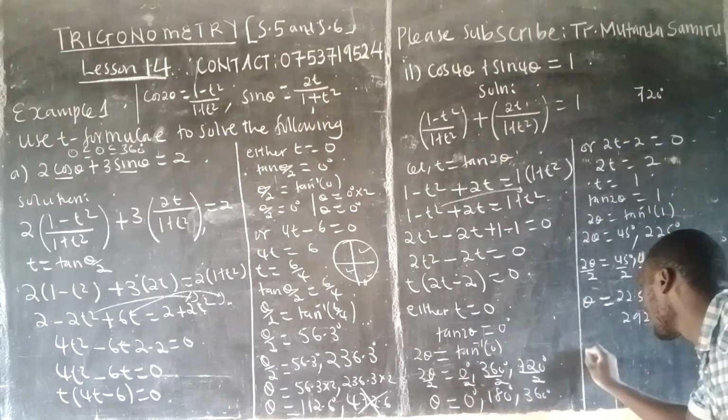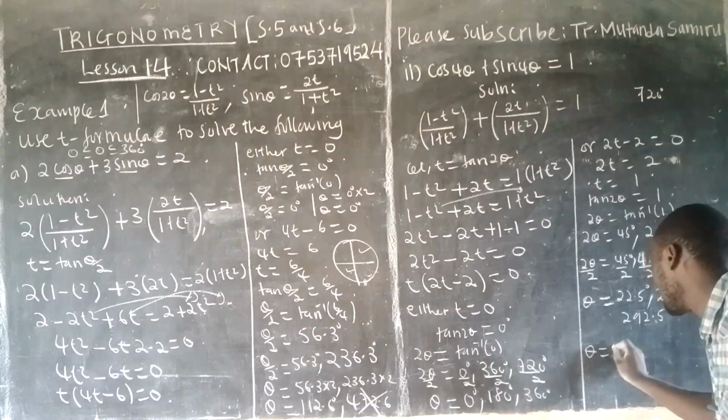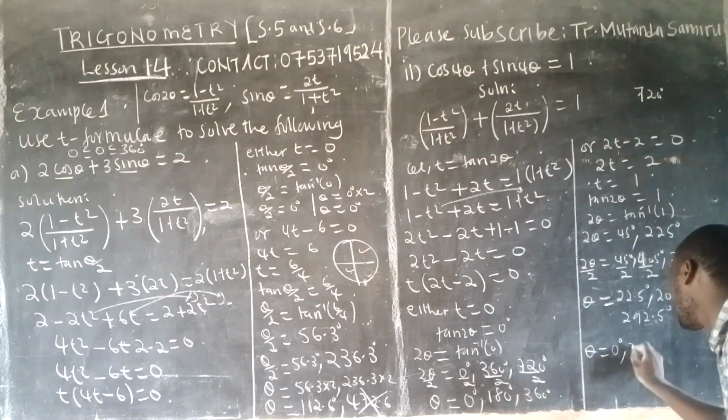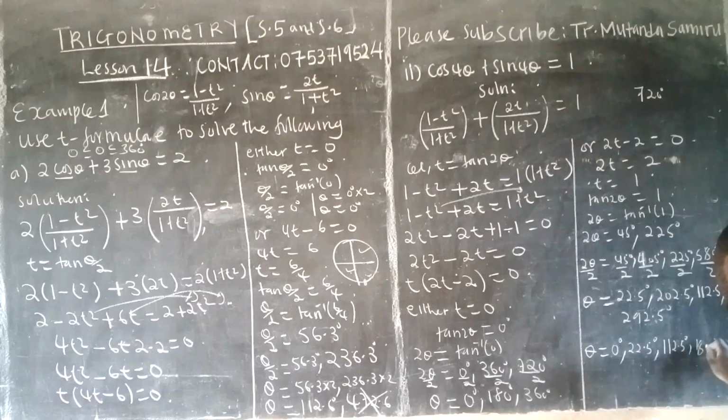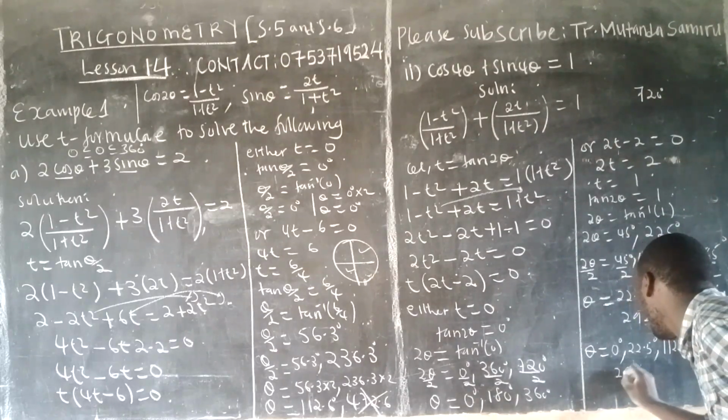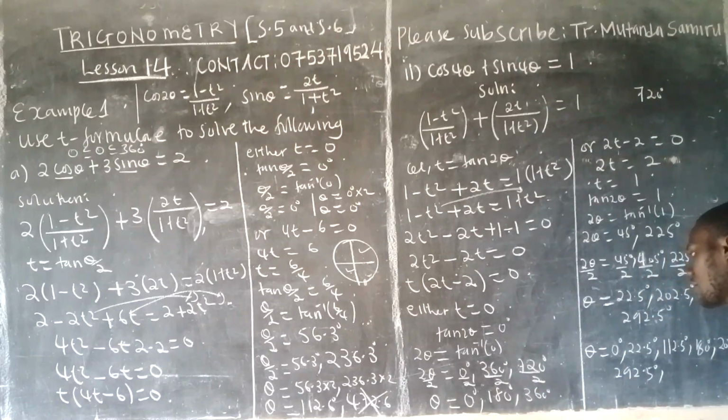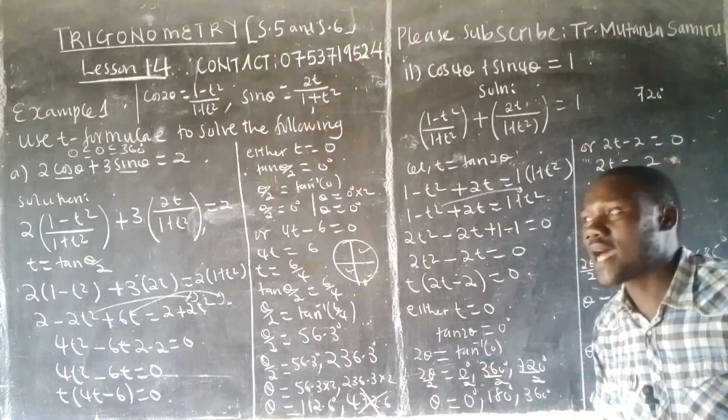Now your final answer, arranging them: the smallest is 0, then 22.5, then 112.5, then 180, then 202.5, then 292.5, and lastly 360. That's how we answer that question.